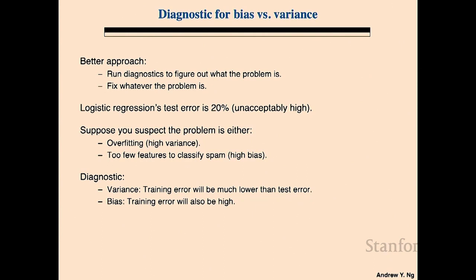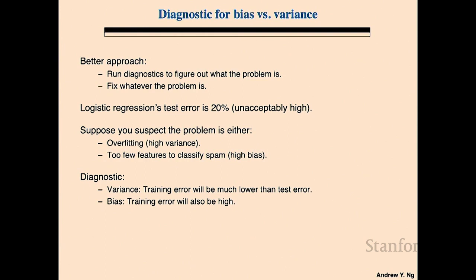It turns out there's a diagnostic that lets you look at your algorithm's performance and figure out how much of the problem is variance and how much is bias. I'm going to say test error, but if you're developing, I should really be doing this with a dev set or development set rather than a test set, right? Let me explain this diagnostic in greater detail.